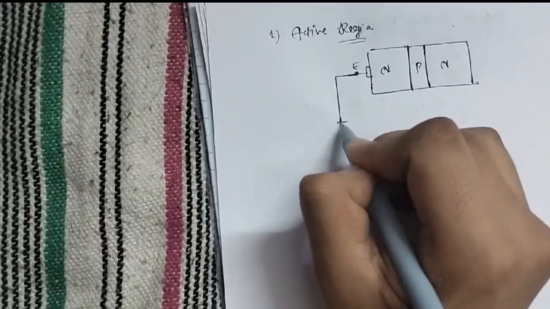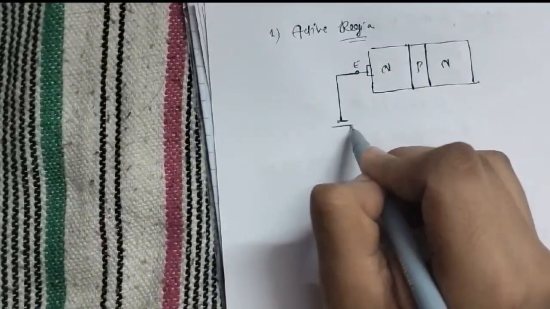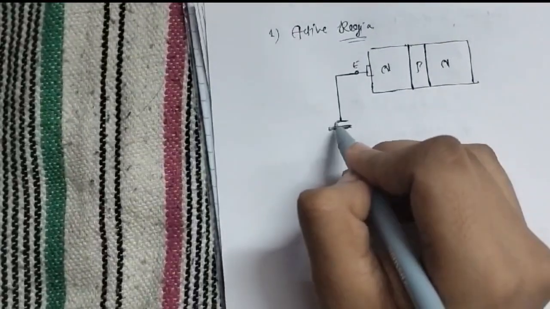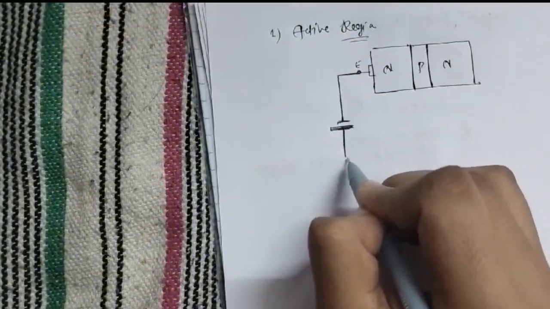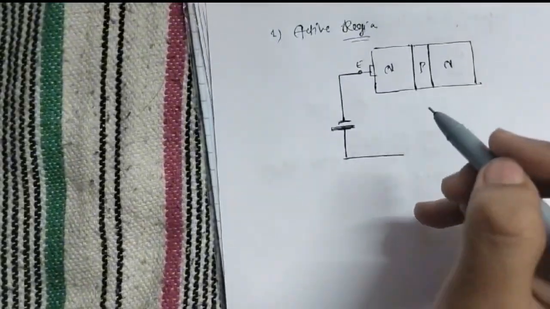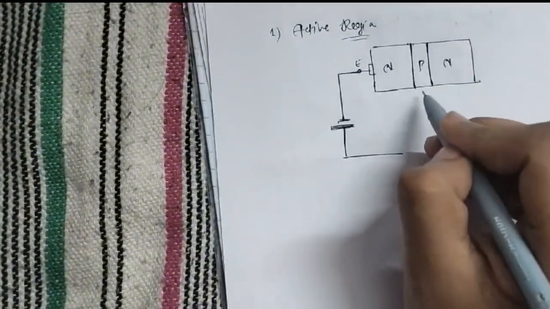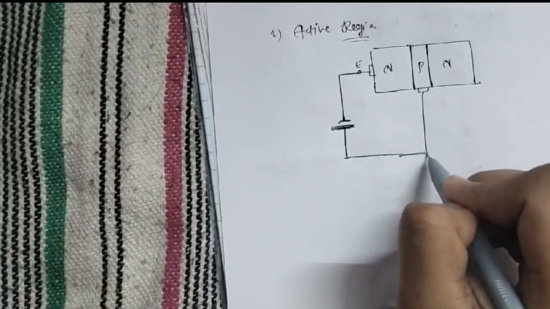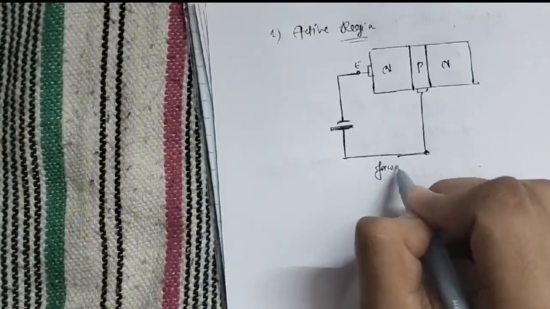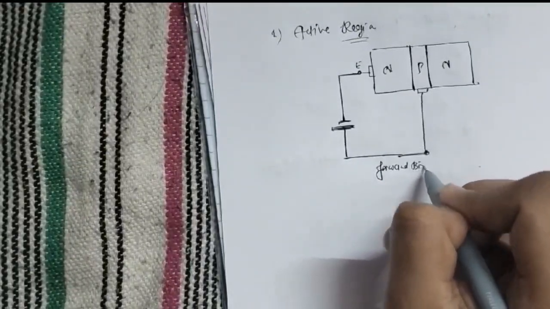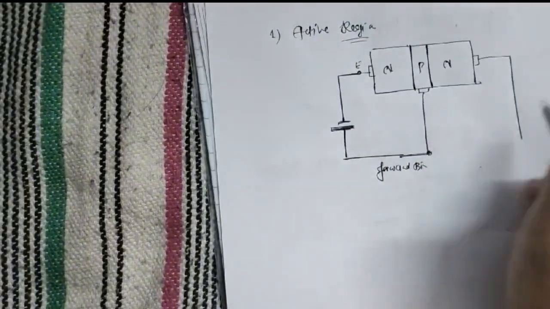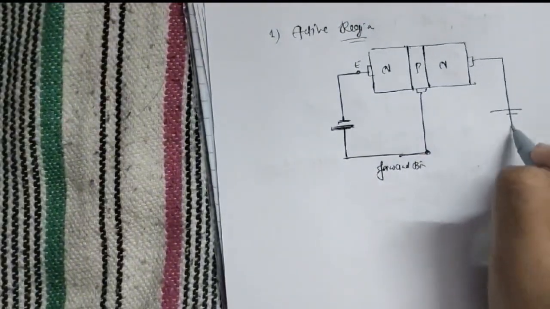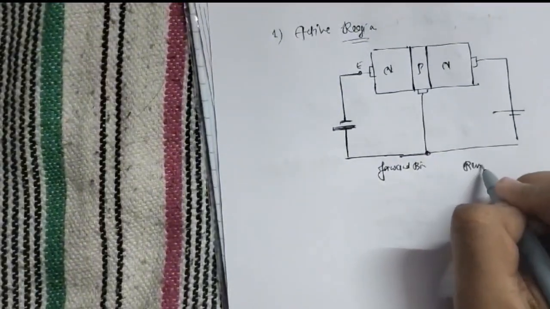Here we are applying biasing to operate in these regions. First of all it is this potential, which we can say emitter to base potential. This is in forward bias, and this collector to base potential is in reverse bias.